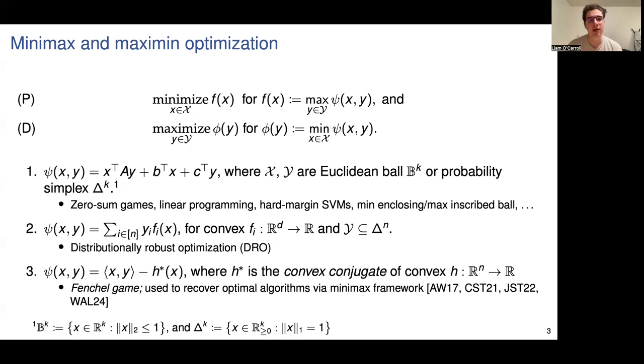In particular, this minimax objective has been used in the past to recover optimal algorithms for convex minimization via a minimax framework. It allows you to lift a convex minimization problem to a minimax optimization problem, and then you can apply the many powerful tools for minimax optimization.